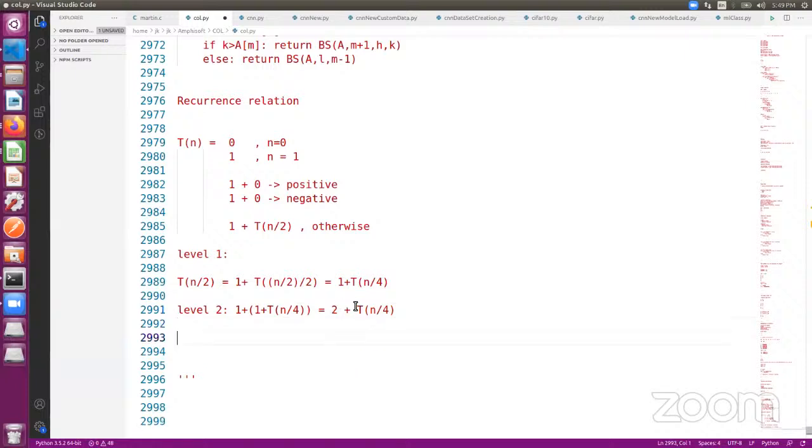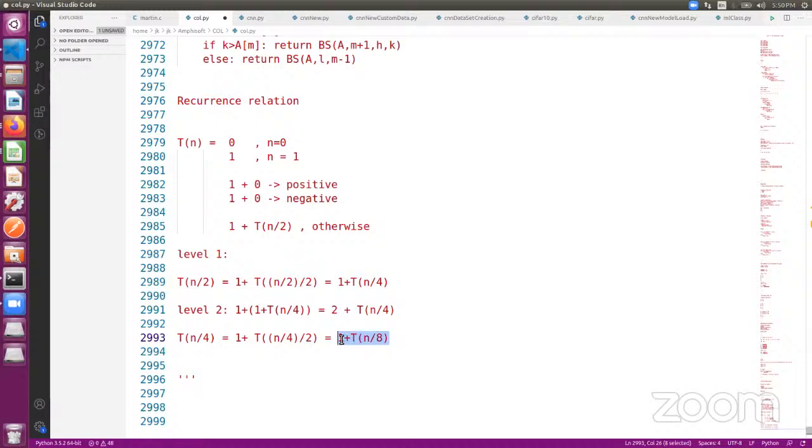Fine. Now in the next level, what will happen to this T of n by 4? We can find it out. If T of n is 1 plus T of n by 2, T of n by 4 is 1 plus, just substitute n by 4 in place of this n, n divided by 4 whole divided by 2, right? Which is equal to 1 plus T of n divided by 8.